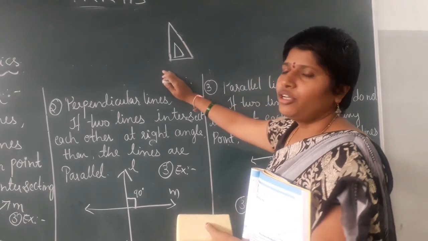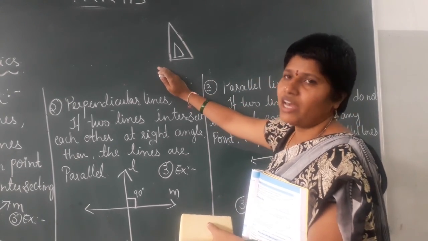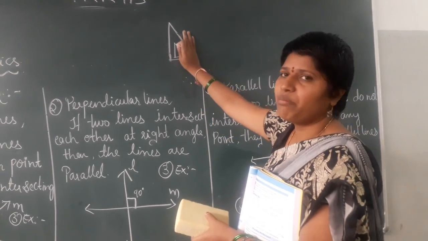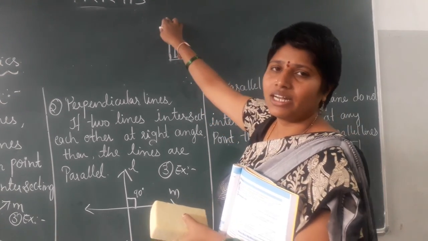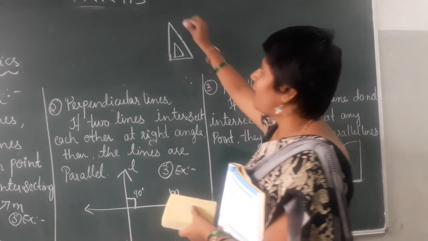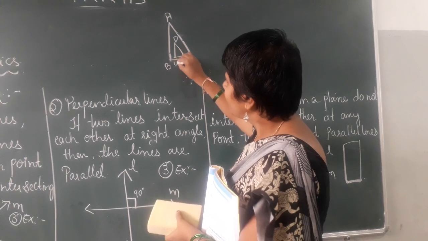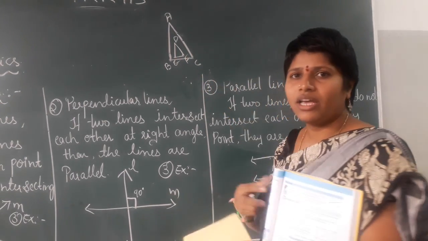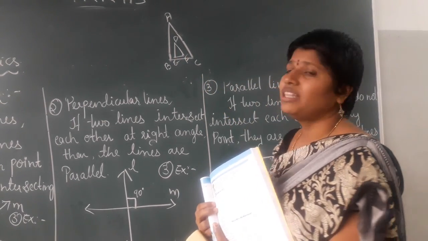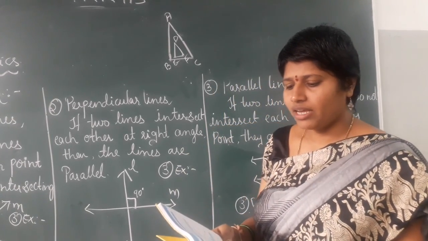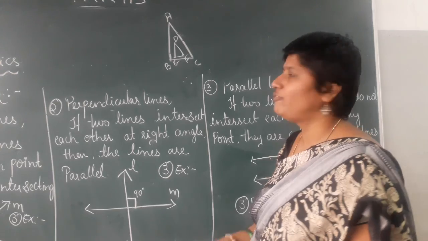So what you have to do is take one set square and trace it. You place it on the paper and trace with a pencil, and name it as A, B, C, D, E, F. And in this, which adjacent sides are perpendicular? Perpendicular edges you have to find.